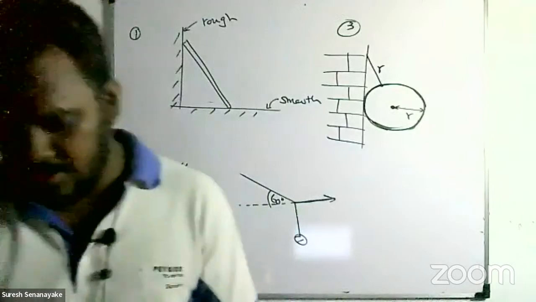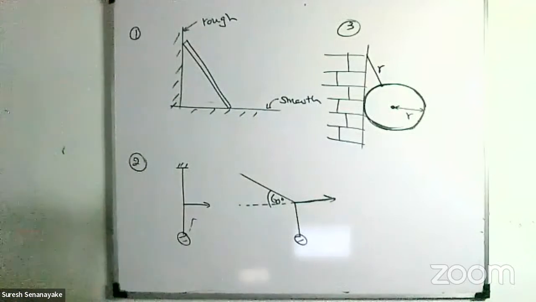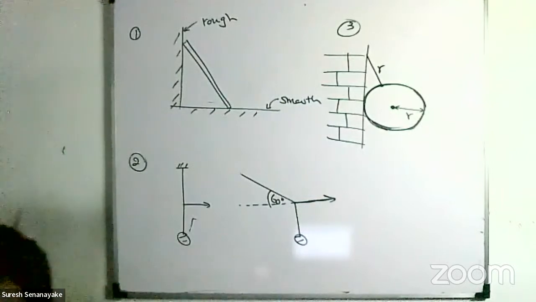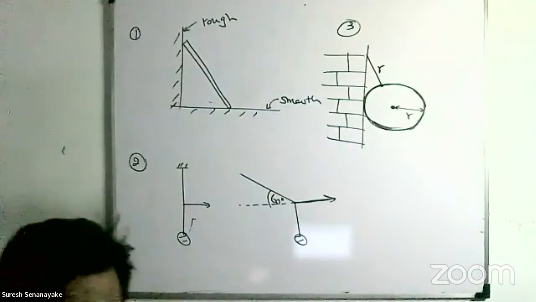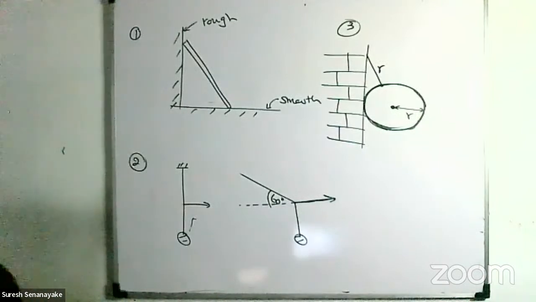Then write: one end of the string is fastened to a point on the surface of the sphere, while its other end is fixed to a point on a smooth vertical wall.